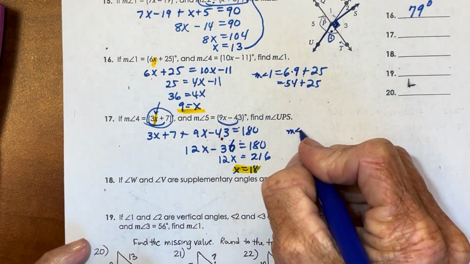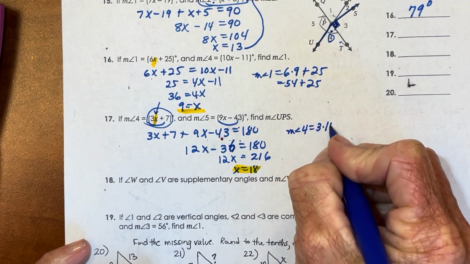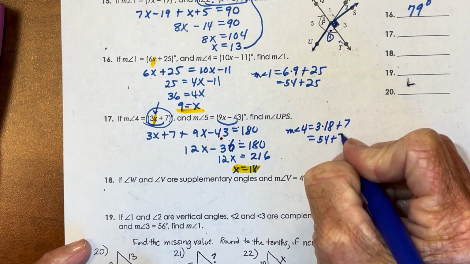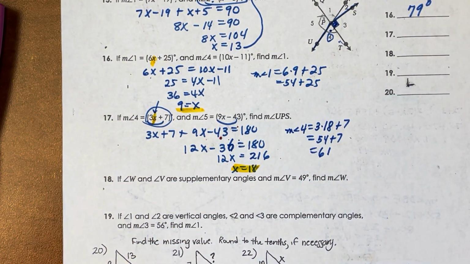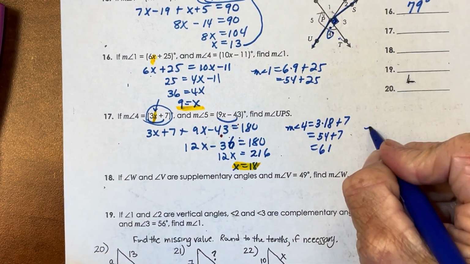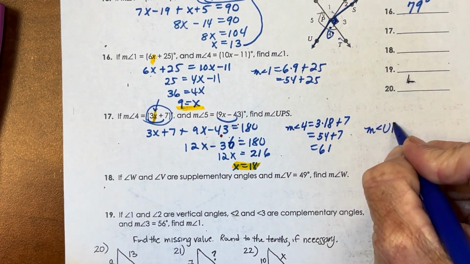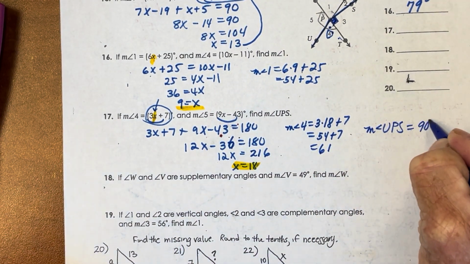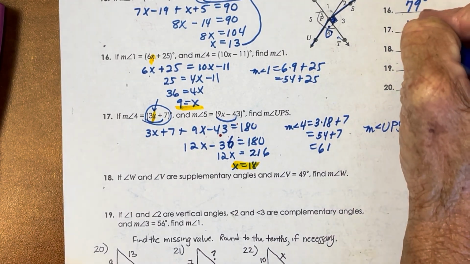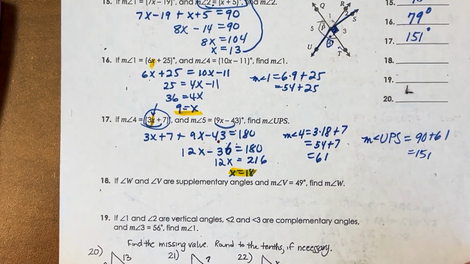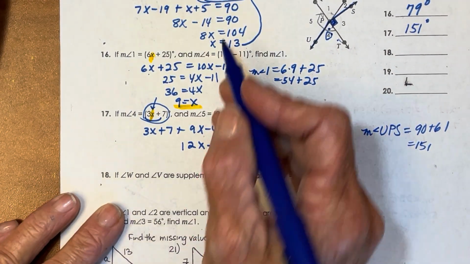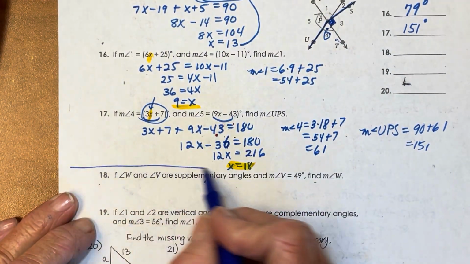So the measure of angle 4 is 3 times 18 plus 7. 54 plus 7 is going to give us 61. So this is 61 degrees. So to get the measure of angle UPS, we want to add 90 and 61. So we end up with 151 degrees.